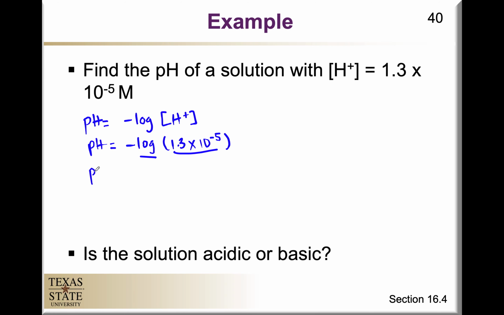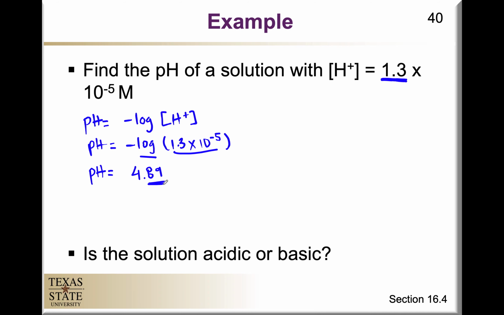So after you plug this into your calculator, you should get the answer to be 4.89. Notice that in this particular case, our concentration had two significant figures. These are the significant figures. Therefore, our pH was supposed to have two decimal places after the period, right?